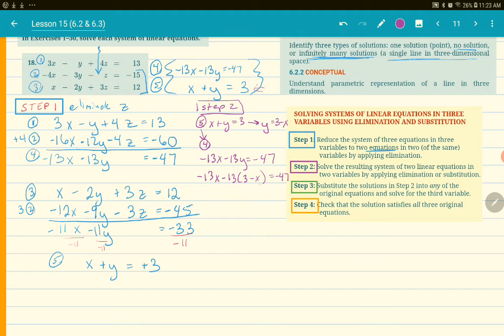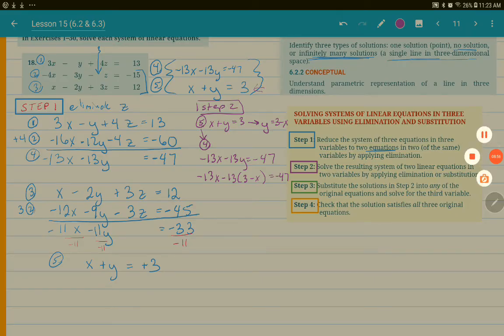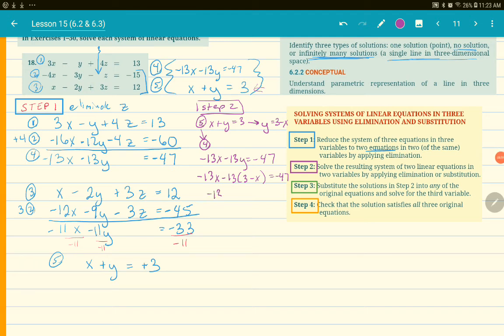So on the left, I get negative 13x minus, distributing my 13, I get 39. And negative 13 times negative x is plus 13x. Equals negative 47. So on the left, my 13x and negative 13x will cancel, which leaves me just with the negative 39. And on the right, I still have negative 47.